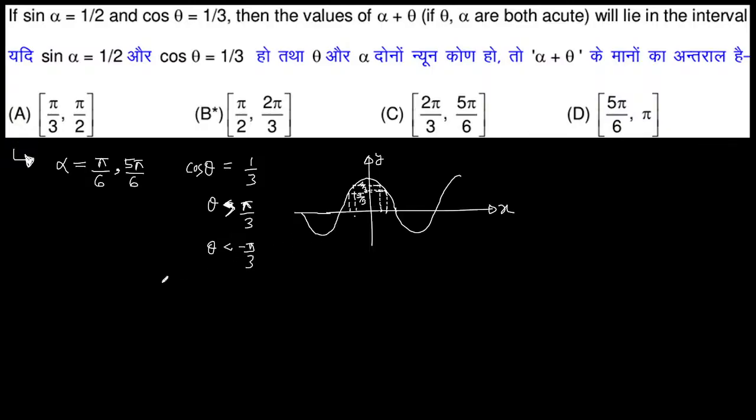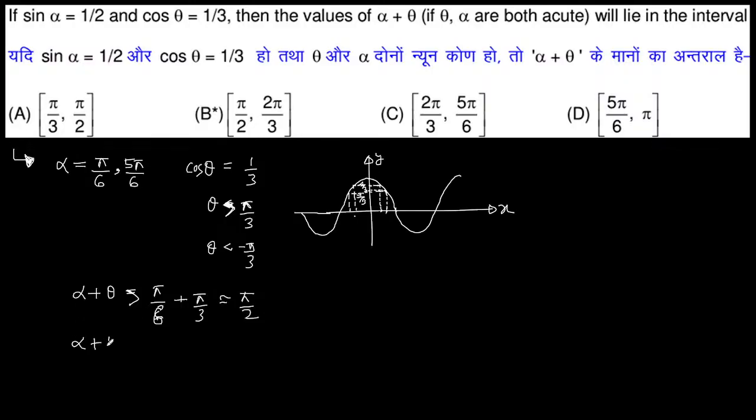Okay, so if we add alpha plus theta, we can have pi by 6 plus pi by 3. It could be more than pi by 3 plus pi by 6, which is equal to pi by 2. It is more than pi by 2.